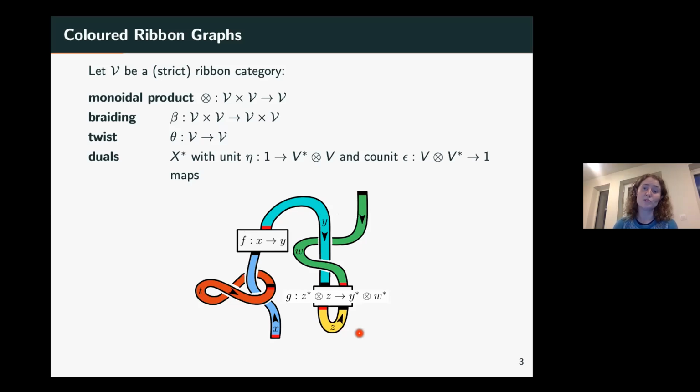And then what you do is you color it. What do you color it with? You color it with a ribbon category, okay, a strict ribbon category. So a ribbon category is a category, and it has a monoidal product on it. So you have a way of taking the tensor product of two elements or two morphisms in your category. You also have a braiding.